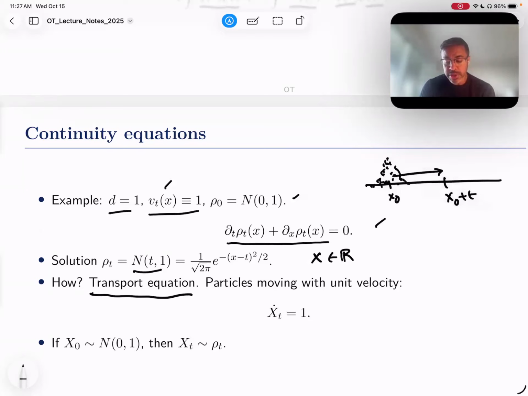The histogram is that of a normal 0, 1. And every particle moves with unit velocity to the right. Well, after t amounts of time, all I have done is sample a random variable from normal 0, 1, and I'm looking at my new random variable xt, which is x0 plus t. But then what is x0 plus t? Well, it's normal t, 1, and therefore that must be the solution of this continuity equation.